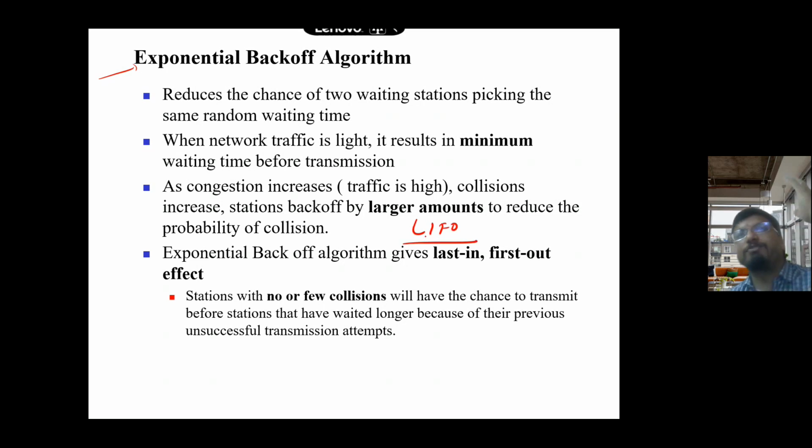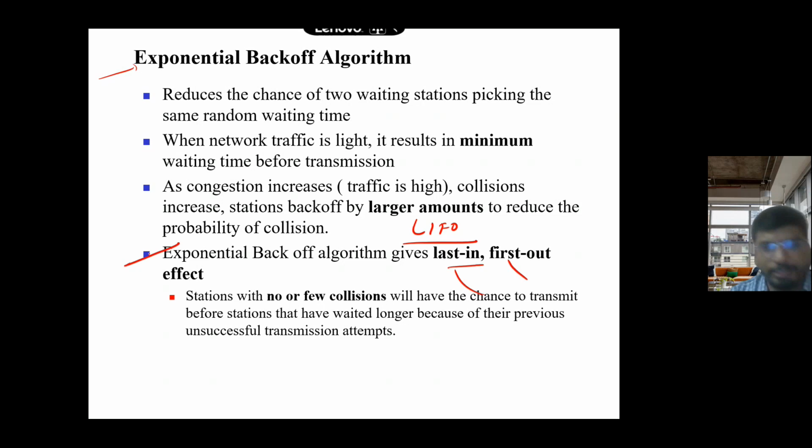Some stations are waiting for a long time to capture the medium, and so their retry interval is larger. But at a later point of time, a station which comes fresh will capture the medium first. The last station which has come will be the first one to use it, because it has a much shorter time to wait, unlike the one with a larger waiting interval. This is called last in first out.